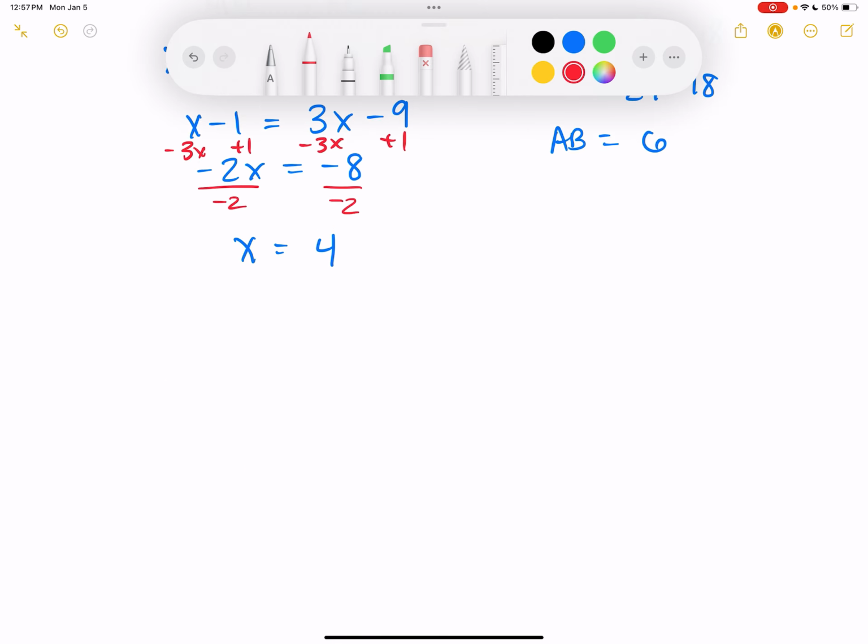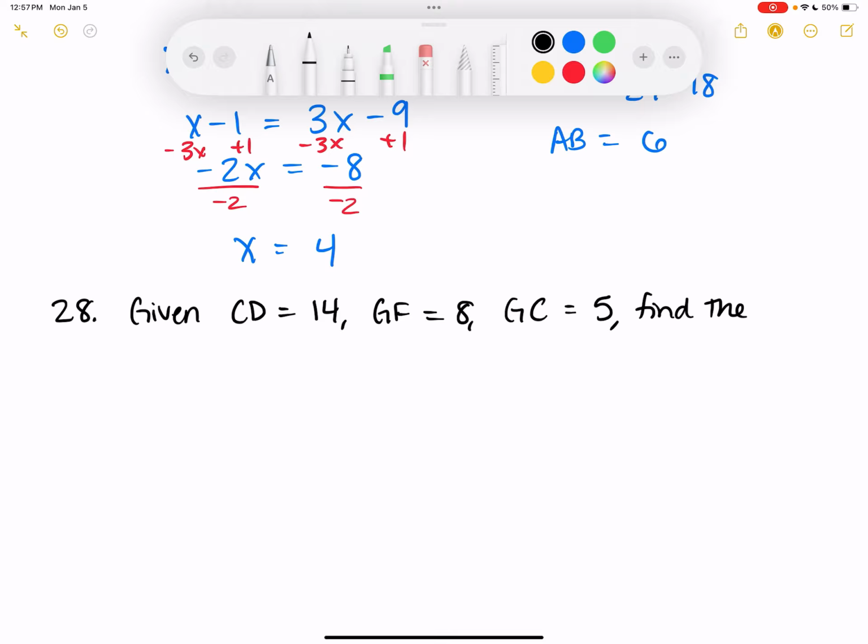So one other problem. 28. This is to find the perimeter, so we'll get to do an example of that here. So given that CD is equal to 14, GF is equal to 8, and GC is equal to 5, find the perimeter of triangle BCD.